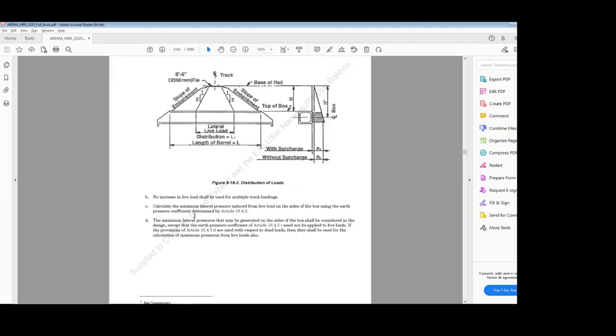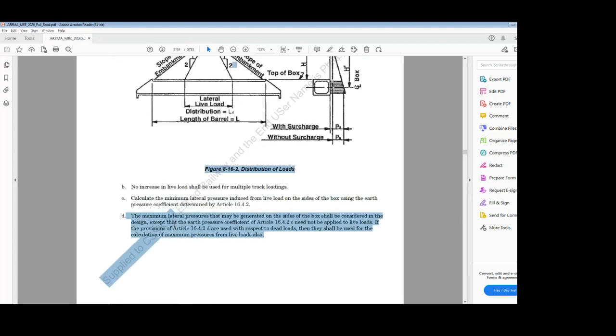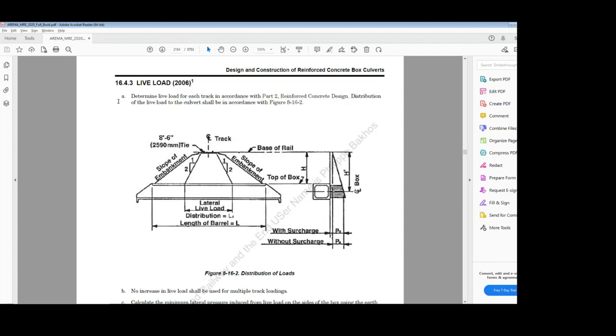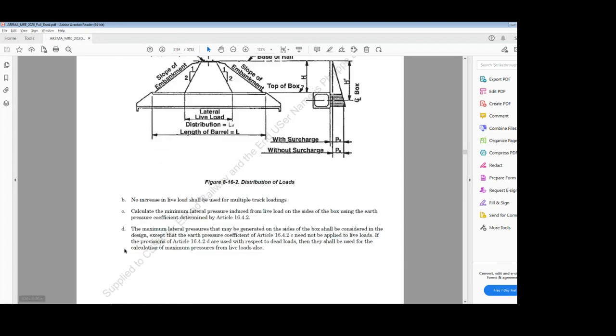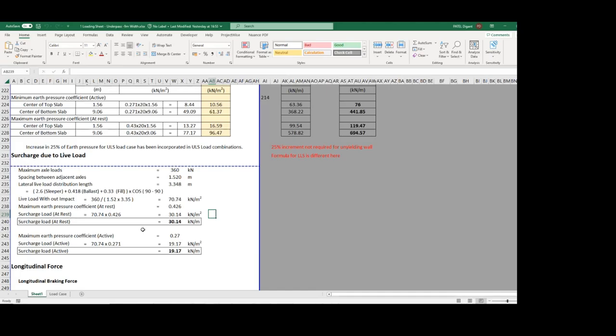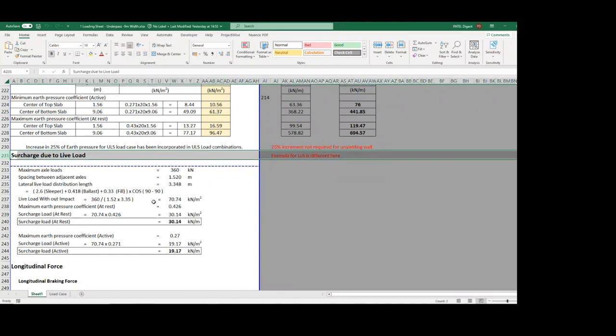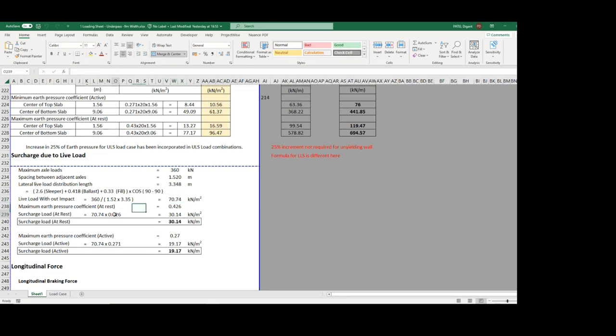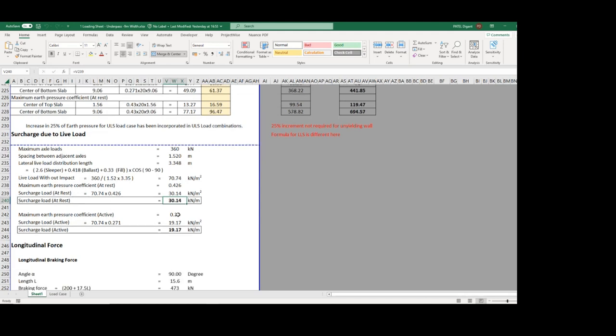Here, in 16.4.3 live load, they have mentioned that you do not need to increase this earth pressure coefficient by some value for calculation of live load surcharge. Live load surcharge is nothing but K into Q. Whatever the intensity of live load without impact, we multiply with this coefficient K, and we get the live load surcharge intensity for maximum case and minimum case.